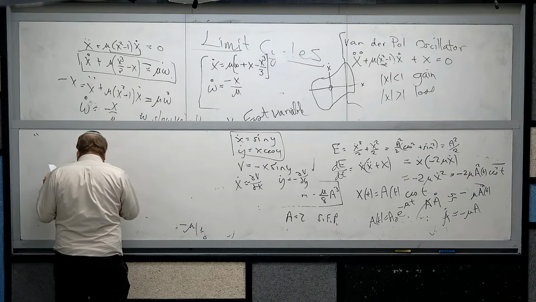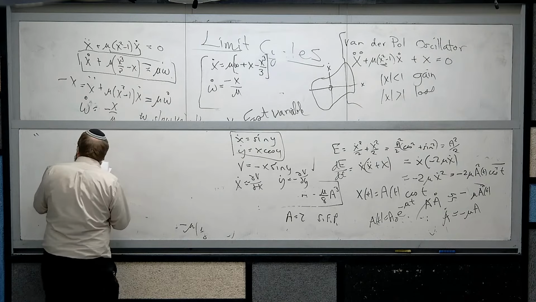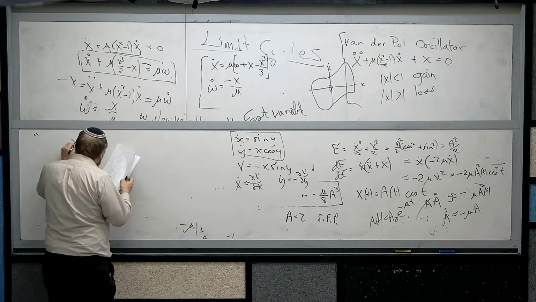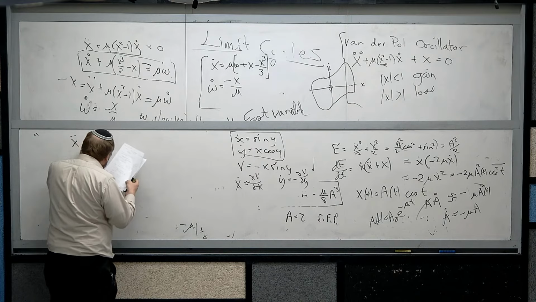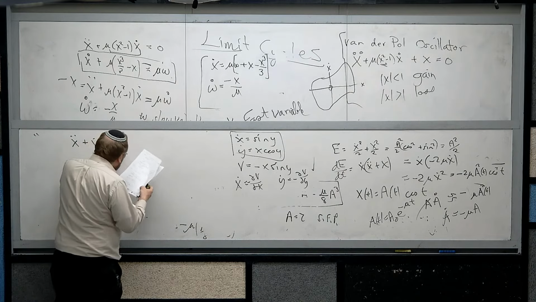Let's see. Another system which we already know. We had the following equation: x double dot plus x dot cubed plus x equals 0.